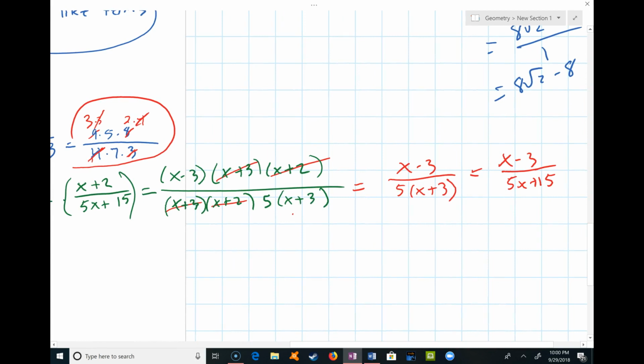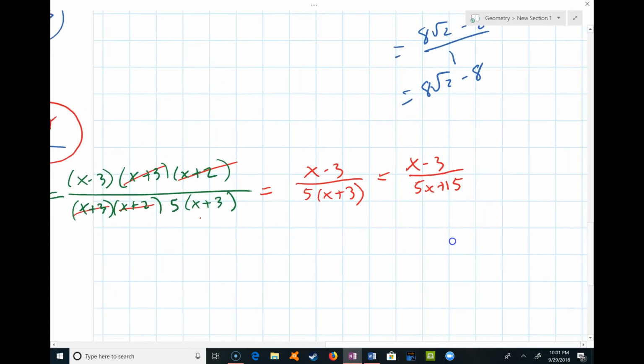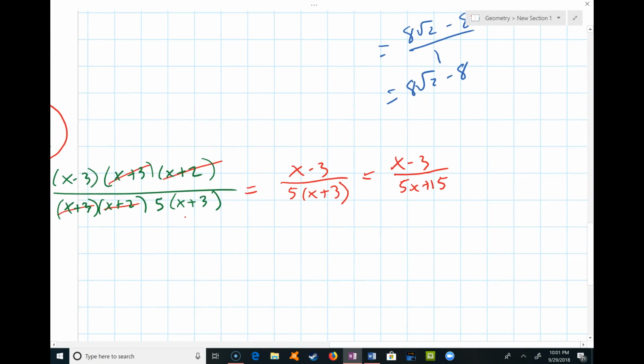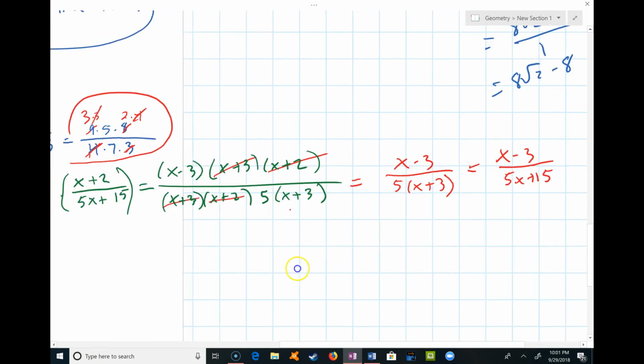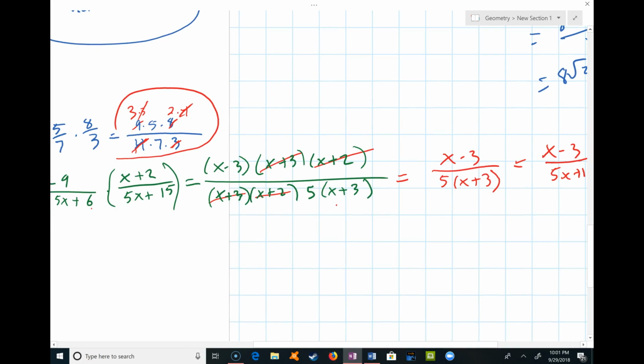Now also remember, as I've said before, x plus 2 can cancel out as long as x isn't negative 2, because if x is negative 2, this would really be undefined. So when we're canceling things out, we have to keep in mind that x cannot be equal to negative 3 or negative 2, because if it was, we wouldn't be able to cancel these out.